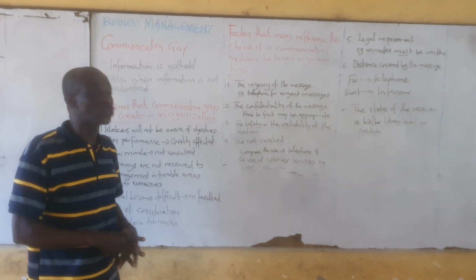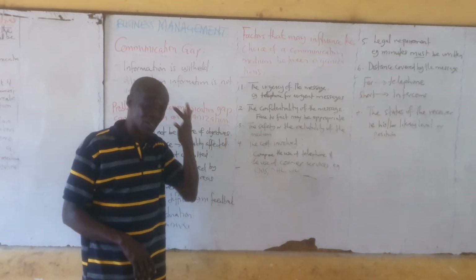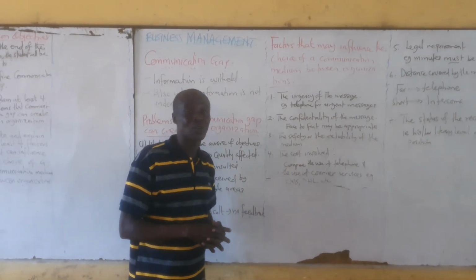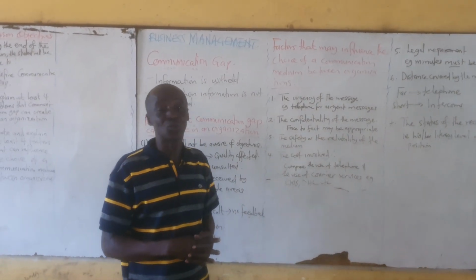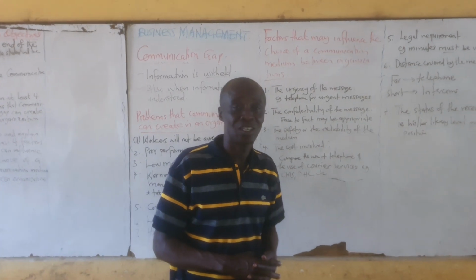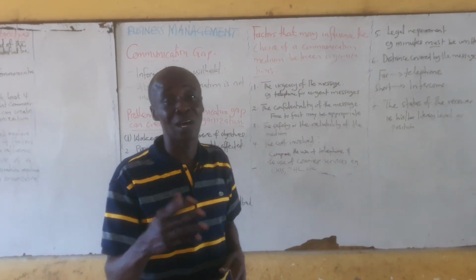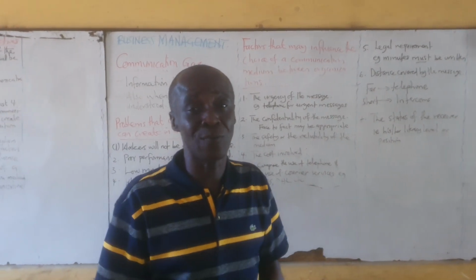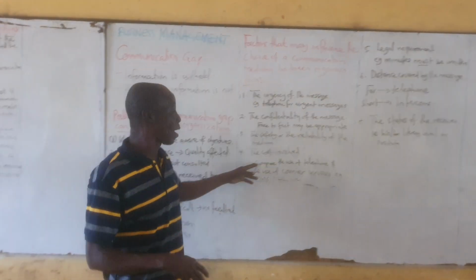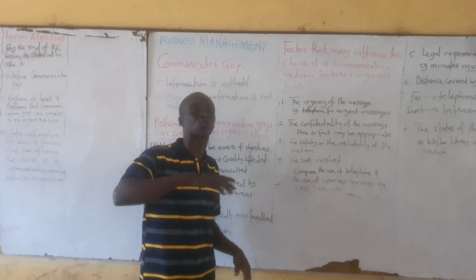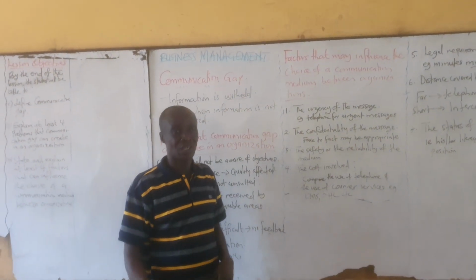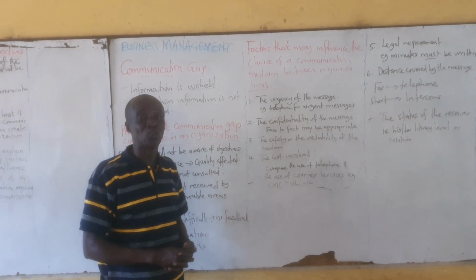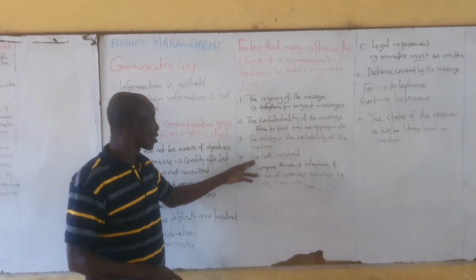The next one, you have to also look at the cost involved. Remember we have talked about communication should not cost too much. The benefit you are going to have should exceed the cost involved. So if a particular medium is going to cost you so much, then there will not be any need for you to use that one.